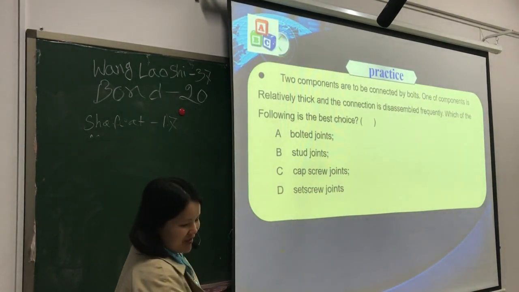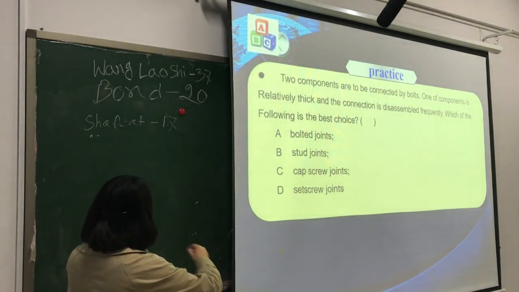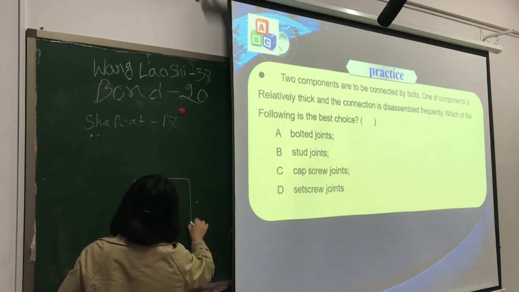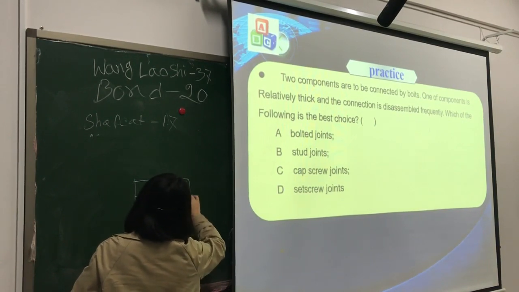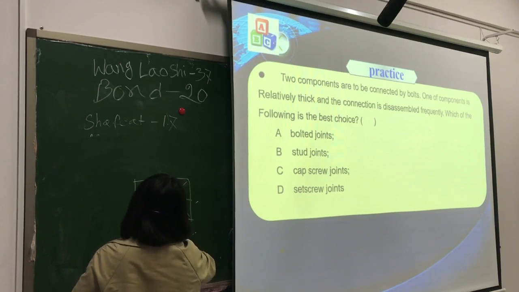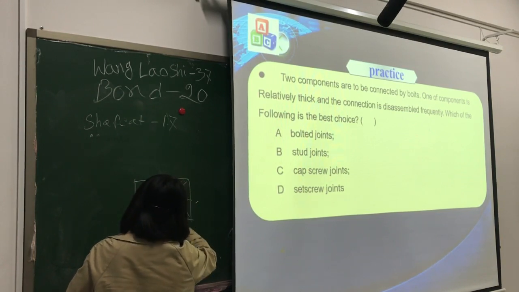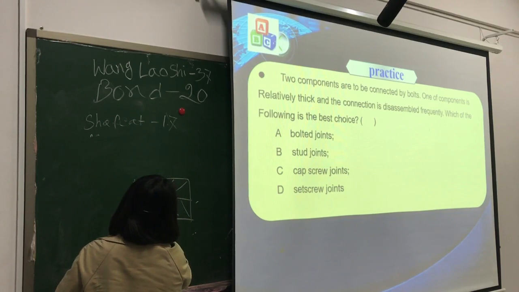Bolt joints are used to connect thin members with through holes.